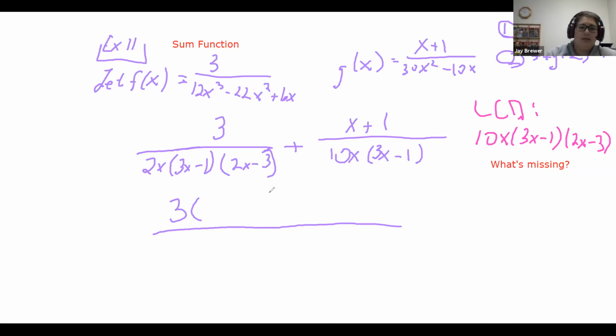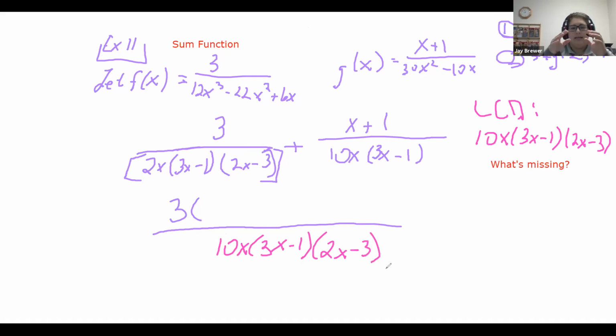So right now this is your bottom that you have, right? And we want to compare what you have to where we want to be: 10x times 3x minus 1 times 2x minus 3.